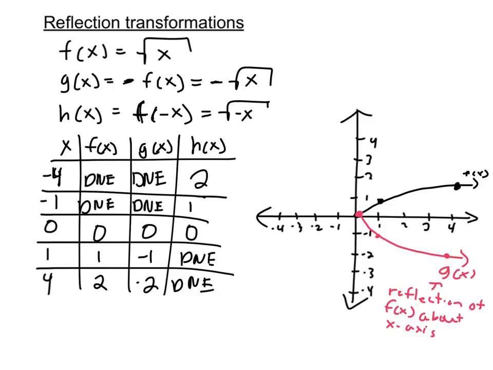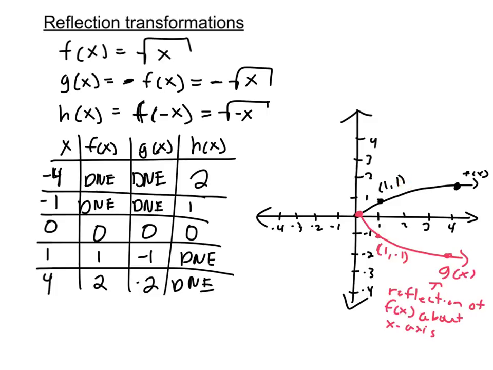If you had a point in f, the way you would get the corresponding point in g, for example, the point (1, 1) here is now (1, negative 1). So what did you do? You changed from a positive y to a negative y. So to reflect about the x-axis, you change the sign of the y-coordinate, from positive to negative.